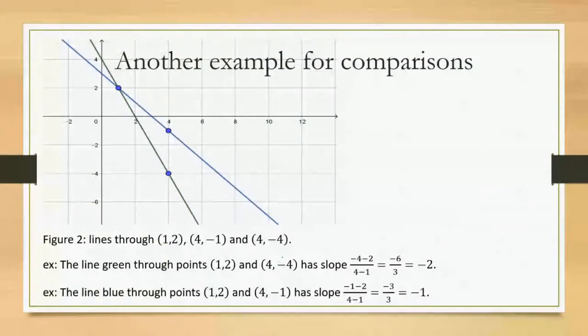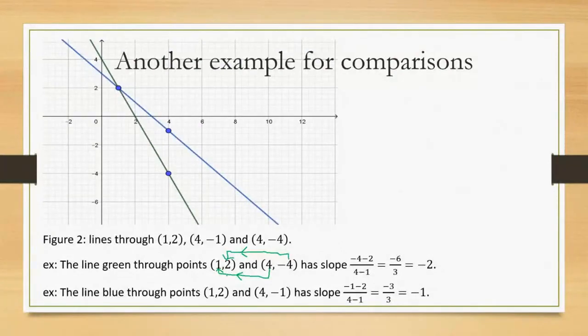So let's calculate slope. Again, change in y, as you can see. Negative 4 minus 2, divided by the corresponding change in x, which is 4 minus 1.